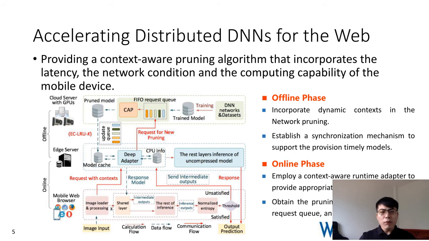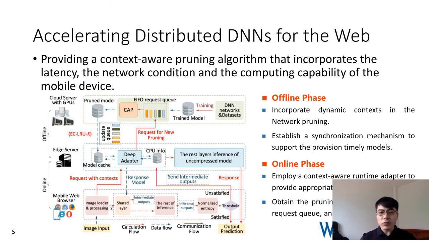When this pruned model is unsatisfactory for the mobile user, DeepAdapt receives the output of the first convolution layer from the mobile web and executes the rest of the inference of the unpruned model on the edge server.